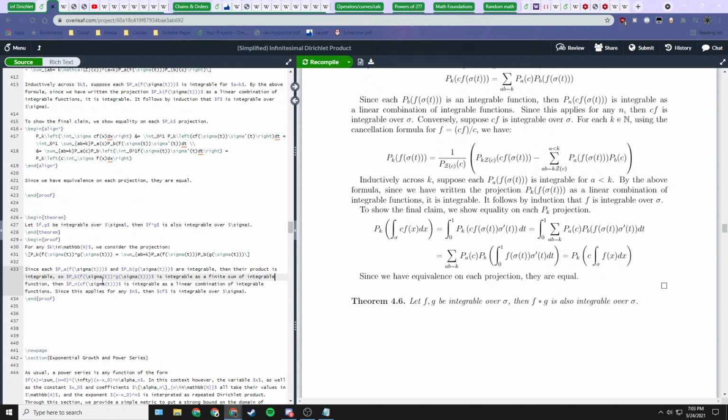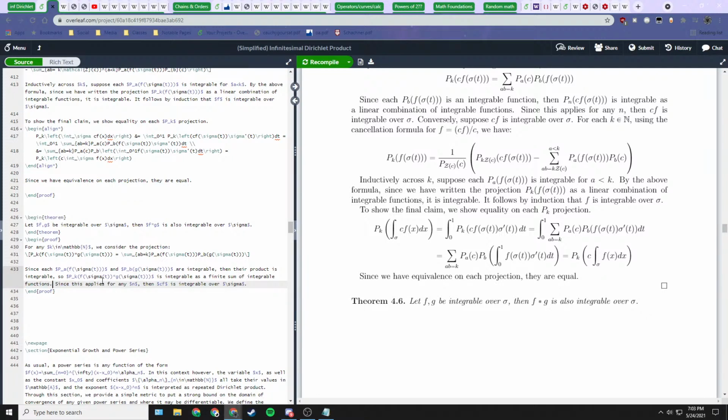Finite sum of integrable functions. Since this applies for any k, f times g is integrable over sigma. And let's see what that looks like.